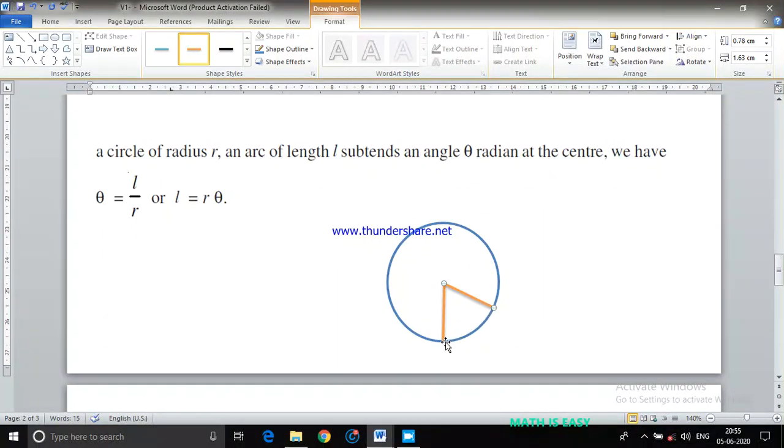Whatever the length from here to here, you cannot consider it a straight line. Let me draw the straight line. That cannot be the arc length. That is the chord. You remember the definition of a chord?